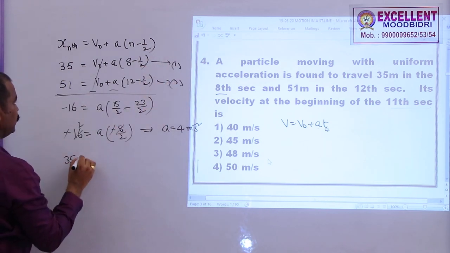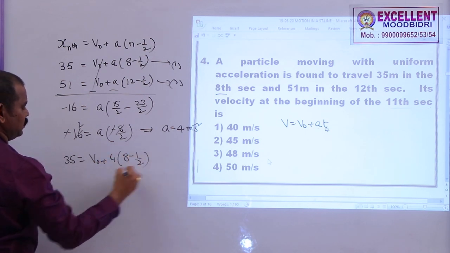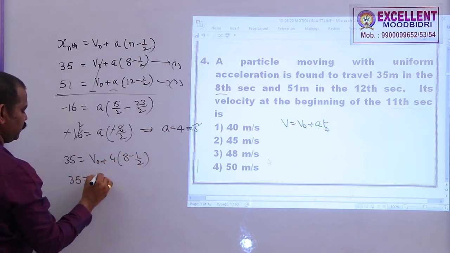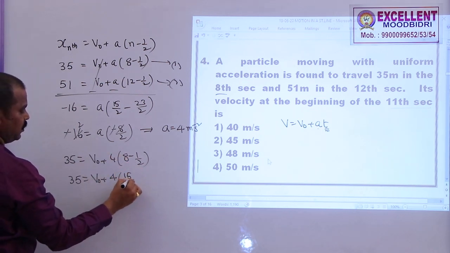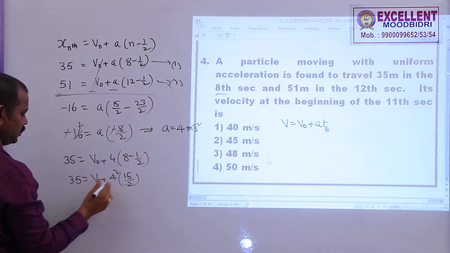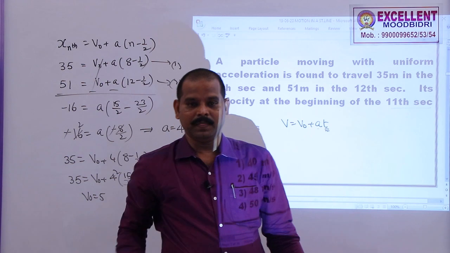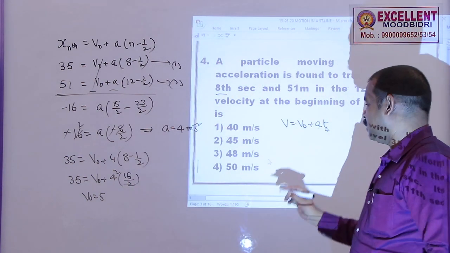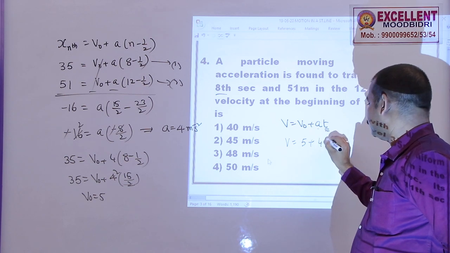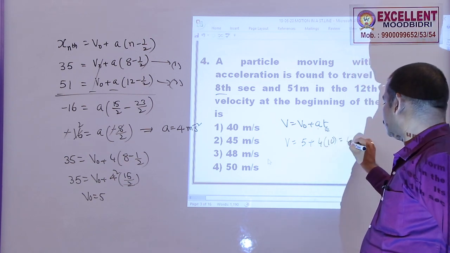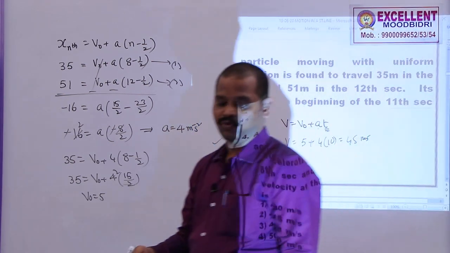So 35 is equal to v naught plus 4 into (8 minus half). 35 is equal to v naught plus 4 into 15 by 2, this is 30, so v naught is equal to 5. Now I want the velocity at the beginning of the 11th second, or the end of the 10th second. So v is equal to 5 plus 4 into 10, so this is 45 meter per second. So the answer is 45, option 2.